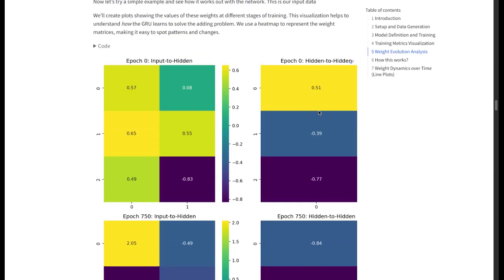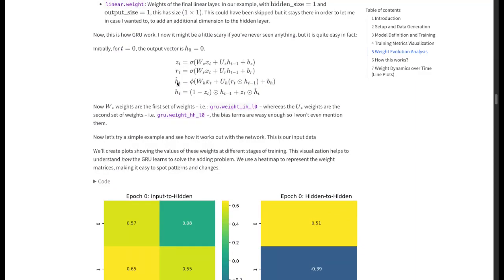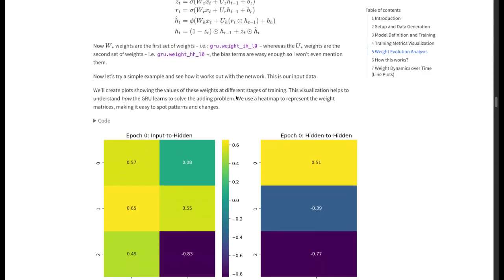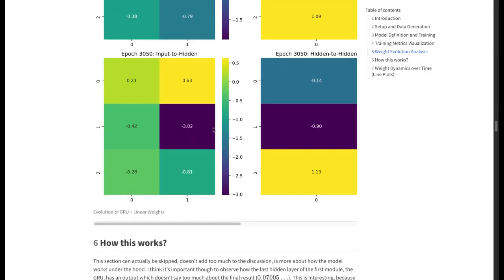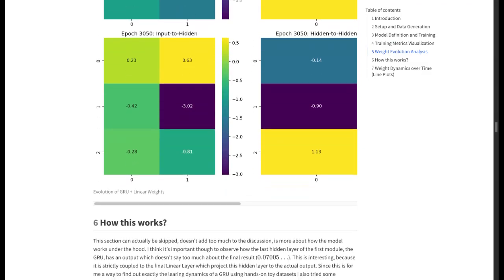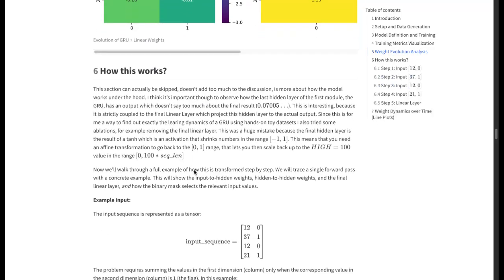This is the new gate, used here in combination with the update gate. So we say how much of the new information I have gathered in this new round of calculation should I keep, and this is how much I should forget. So this is nice to see, but doesn't say really much.